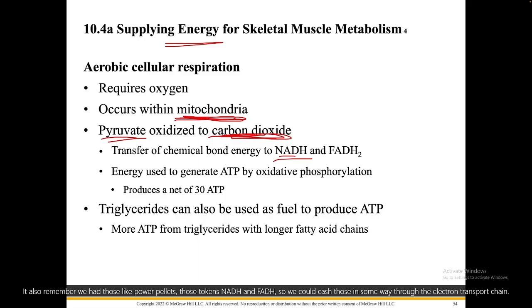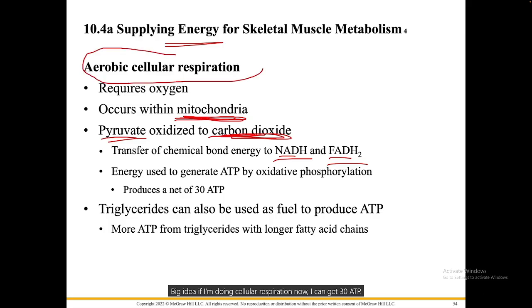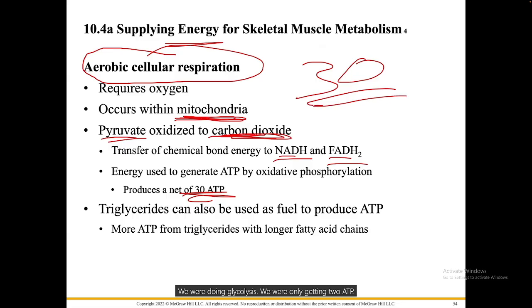Remember we had those power pellets, those tokens, NADH and FADH, and we could cash those in once we went through that electron transport chain. Big idea. If I'm doing cellular respiration, now I can get 30 ATP. When we were doing glycolysis, we were only getting 2 ATP. Another cool thing about cellular respiration is I can break down fats and a couple of other things that involve fatty acids, and use all of that for fuel to make ATP.